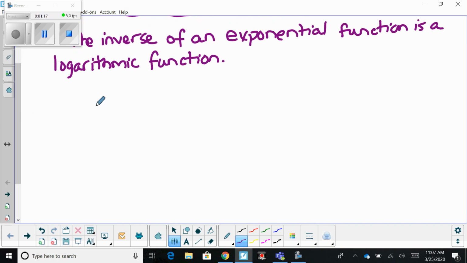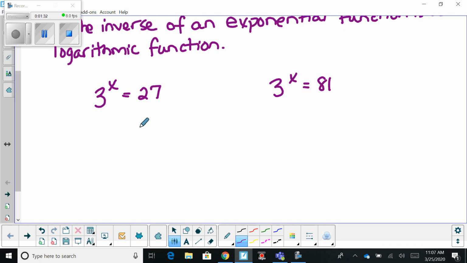If I gave you the exponential equation 3 raised to the x equals 27, or the exponential equation 3 raised to the x equals 81, well, just from what you've memorized in our last unit, you should recognize that 3 cubed is 27, 3 to the 4th is 81, so I can solve those two exponential equations because I know my powers of 3.